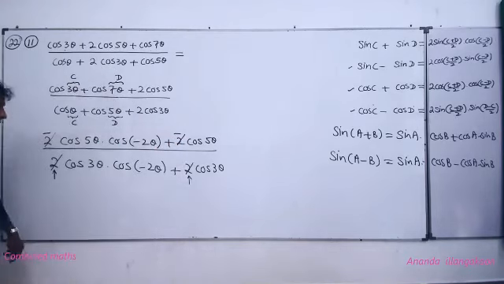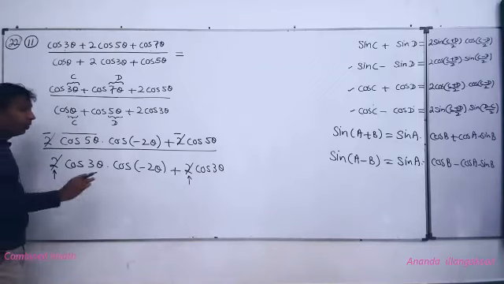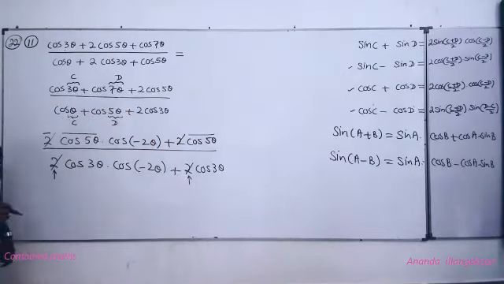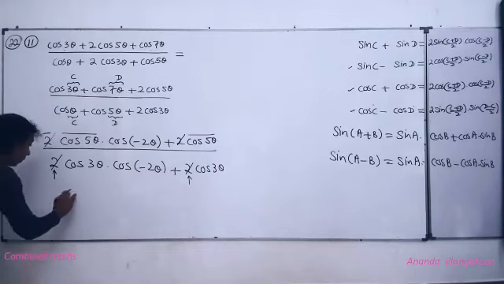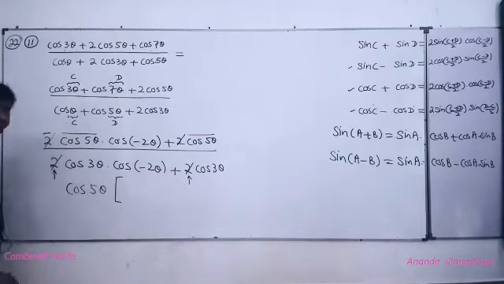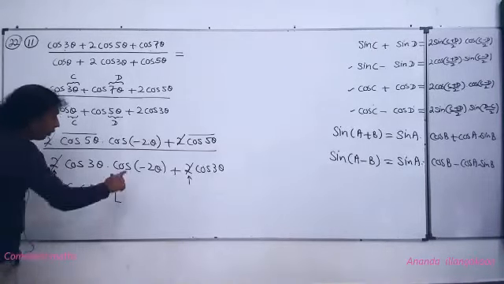Okay, right. Now people, next one, see here we have cos 5 theta here. Here also we have cos 5 theta. That cos 5 theta is common to the numerator. Take that cos 5 theta out from a bracket as common factor. Cos 5 theta. Once you take it out as a common factor from numerator, this one when you take out, we get cos minus 2 theta.